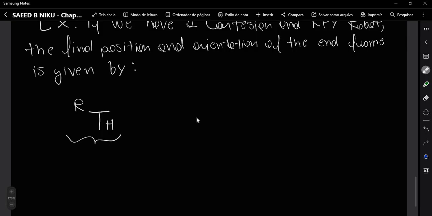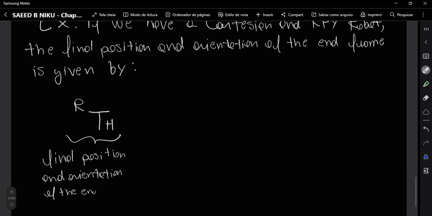So this means the final position and orientation of, not just the end frame, but also the end effector.